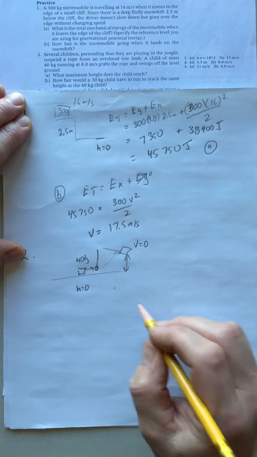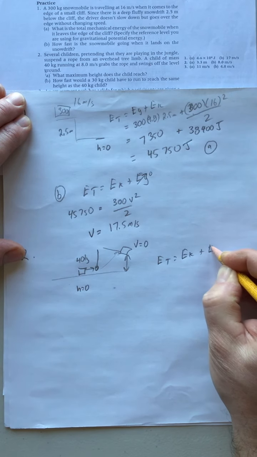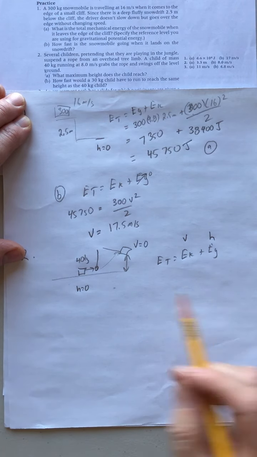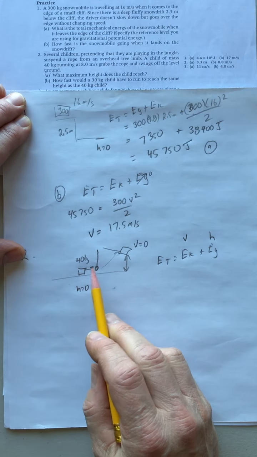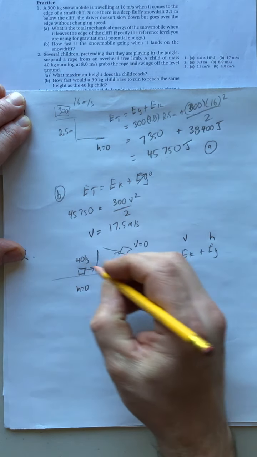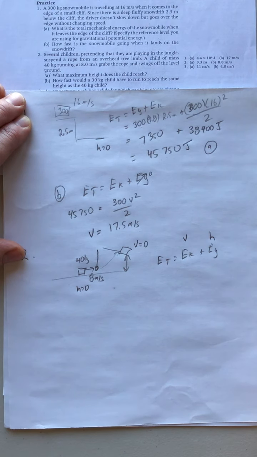Step 1 is always find E total. I need to know velocity and height, and at the beginning we have the velocity, which was 8 meters per second. The height is 0, which is a valid height, and just means that term goes away.